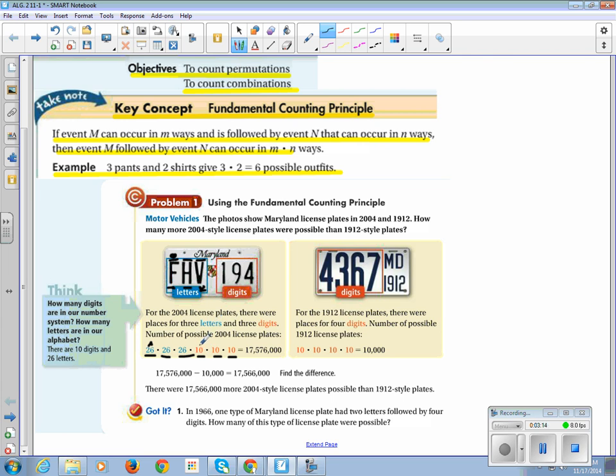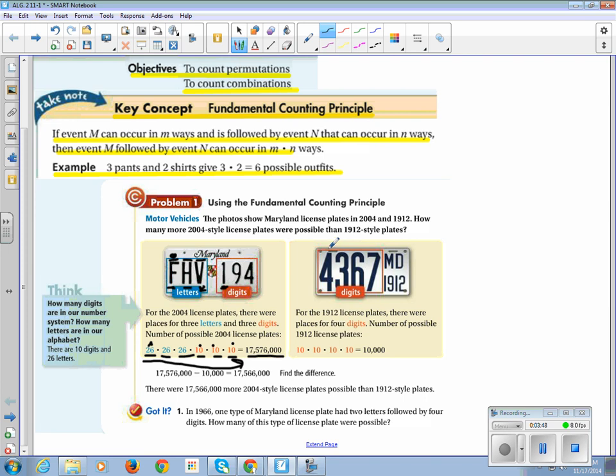Now, the second 3 items, some people will go, oh, there's only 9 numbers between 1 and 9. But we can use 0. So 0, 1, 2, 3, 4, 5, 6, 7, 8, 9. So including 0, there are 10. And all you're going to do is multiply all these guys together to get 17,576,000.